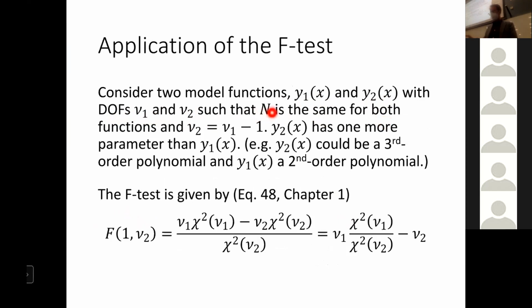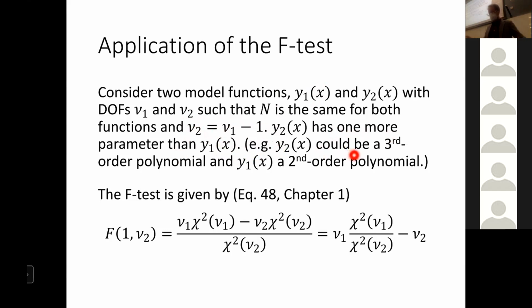And the number of measurements is the same. You're fitting the same data. And let's say when going from model 1 to model 2, you added 1 fitting parameter, so you removed 1 degree of freedom. So model 2 has 1 additional fitting parameter in addition to the parameters in model 1. Okay, so nu2 is going to be nu1 minus 1. You're going to have 1 less degree of freedom in model 2.